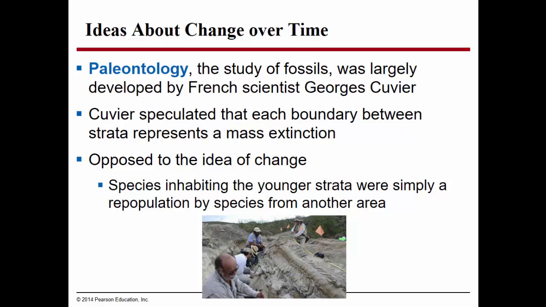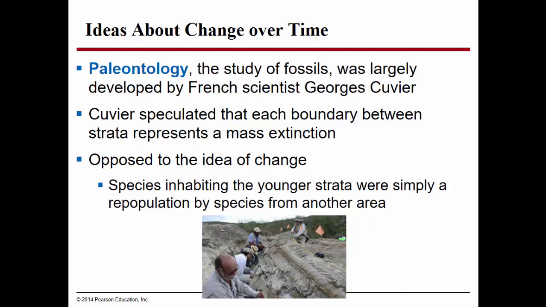He thought that a long time ago, when the Earth first came into existence, there were many more species than there are today. And he thought that instead of new species developing over time, species were lost over time, and that each time a mass extinction event occurred, the total number of species on Earth was reduced.